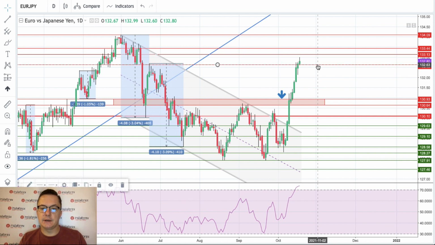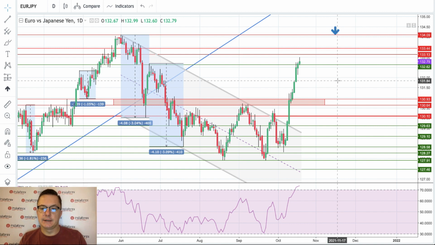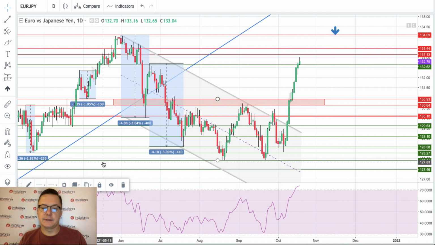The intraday support is now located at the level of 132.62, and now the key target for bulls is seen at highs from the beginning of June 2021, located at 134.9. So right now all of these levels will act as a technical support, of course.